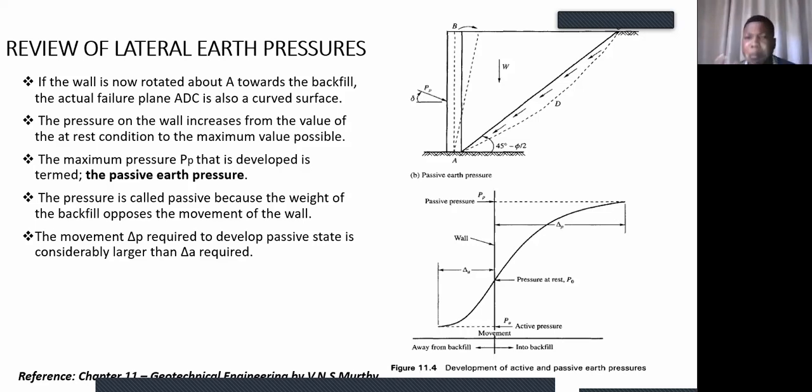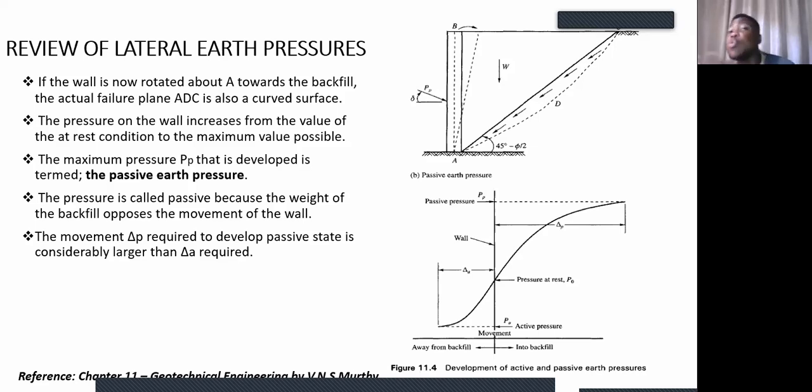Look at it. Normally, I'm pushing something away, so you're supposed to move away. Now, you are not moving away. You are moving opposite the direction of the force. At first, you need to overcome the force that is pushing you away before you can also move. So it's very evident that for us to reach that passive state, we need to apply a considerable amount of displacement before we get to that maximum passive pressure possible, because you first have to overcome the effect of the weight that would tend to push you away.